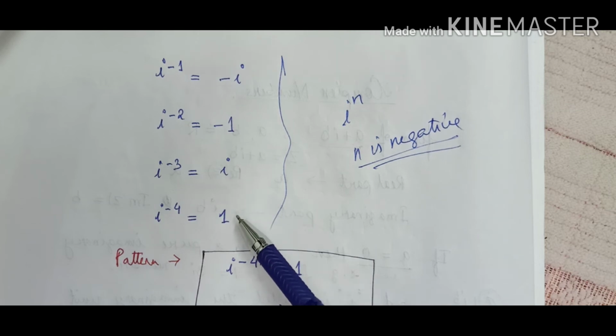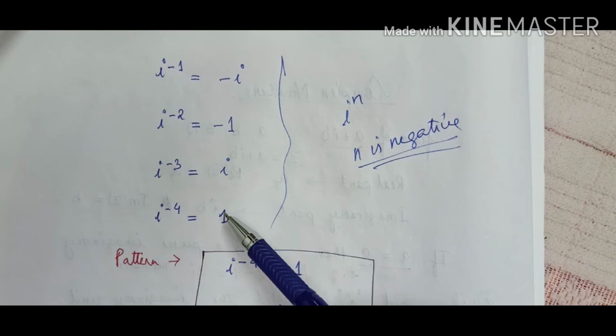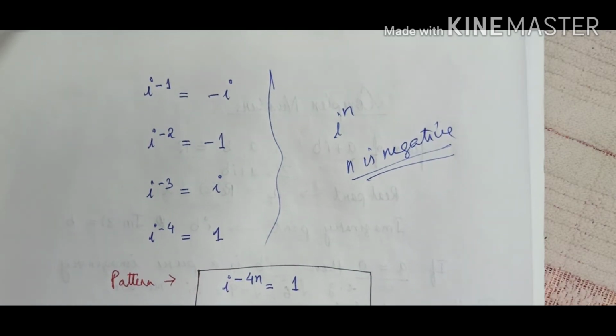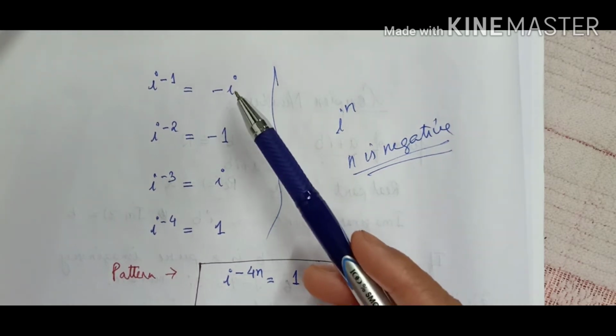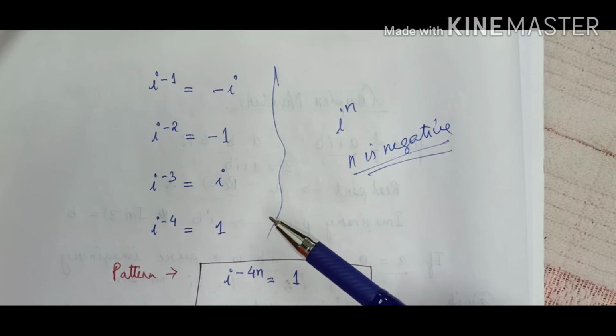Again it is following the same sequence: minus i, minus 1, i, 1, again minus i, minus 1, again i, 1. It is also following a sequence, but before that we'll see how we have found all this, check this one, then we'll check the pattern.